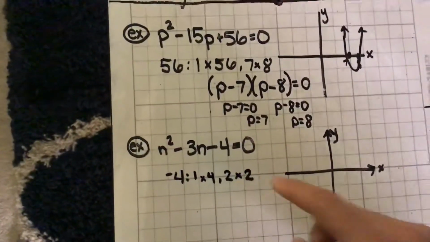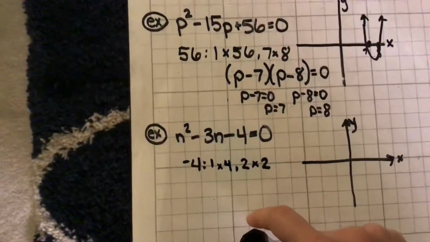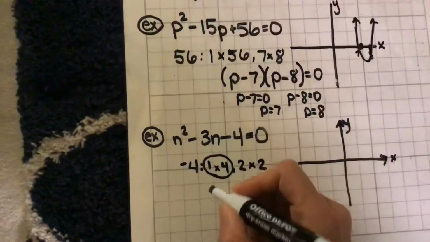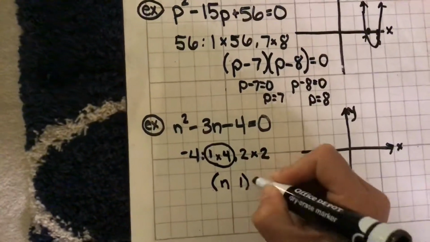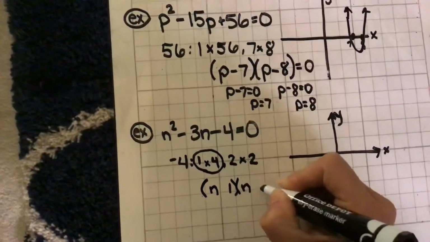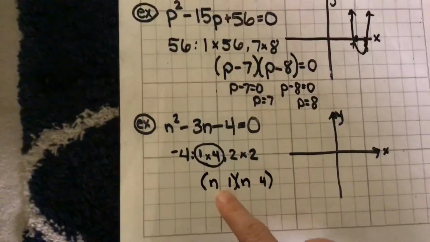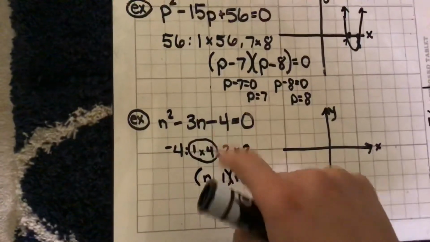I'm looking for a pair of numbers that adds or subtracts in any way to get to a negative 3. Well, that's going to be the 1 and 4. So I'm going to put an n and 1 in parentheses and an n and a 4 in parentheses. We need to figure out what signs these have to be in order to add to a negative 3 and multiply to a negative 4.